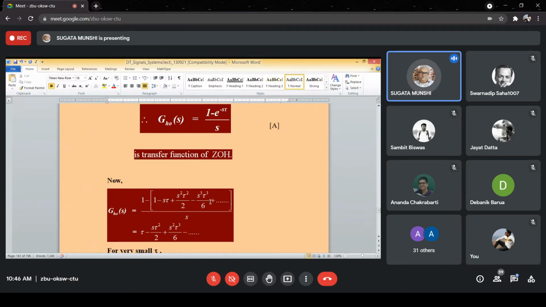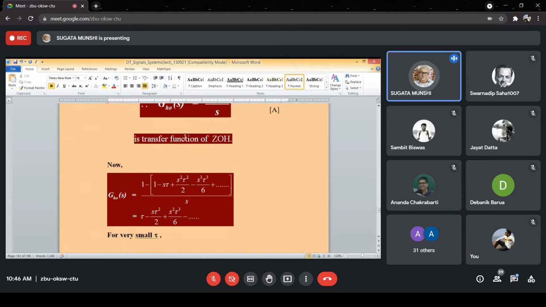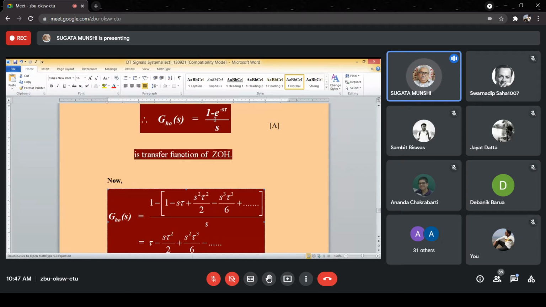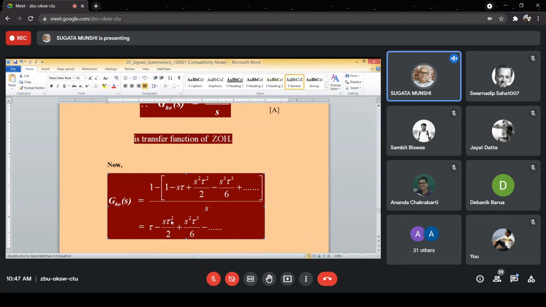But before that, just consider this transfer function of the zero order hold. See here, I have expanded e to the power minus sτ into an infinite series here. So then I have simplified, you get this result: τ minus sτ square by 2 plus s square τ cube by 6, like that.